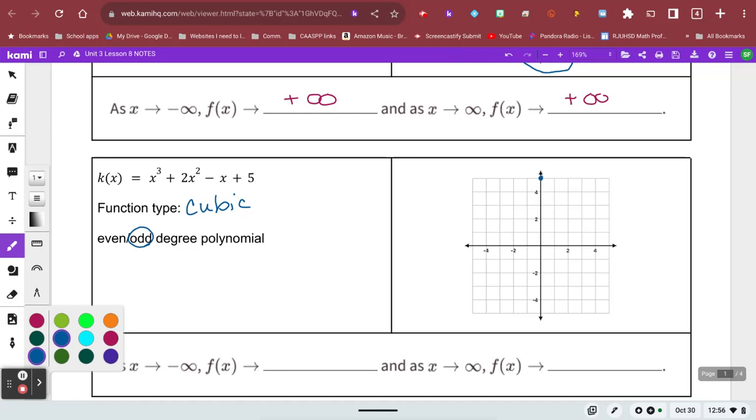And this one, hopefully you guys remember, we go up, over, and go up. As it's going towards the negative on the x values, the y is also going to be going down. Our graph goes down. And on the right side, as we go to the positive x side, our y goes to the positive infinity side.